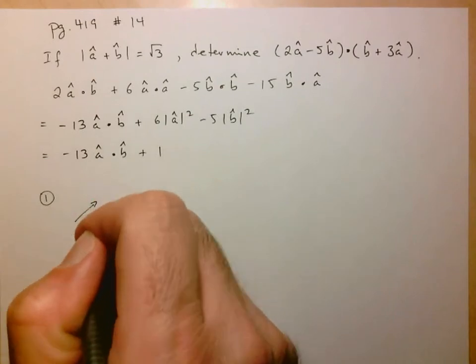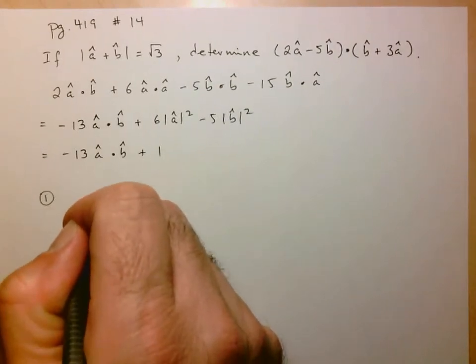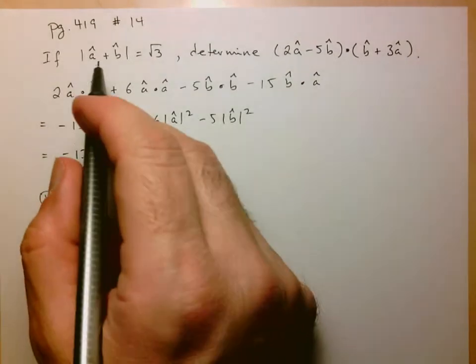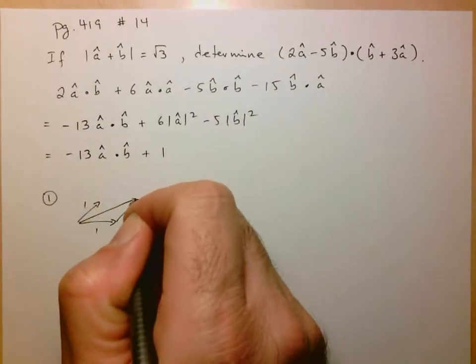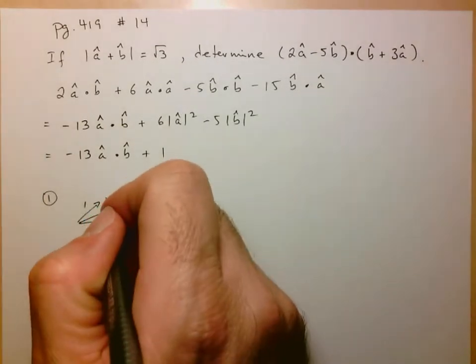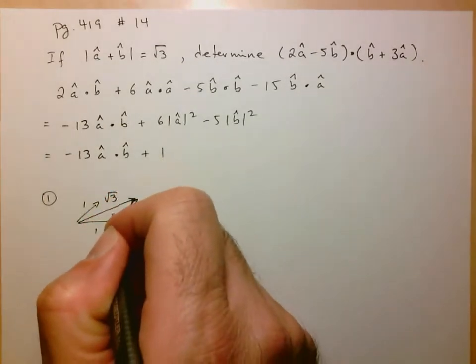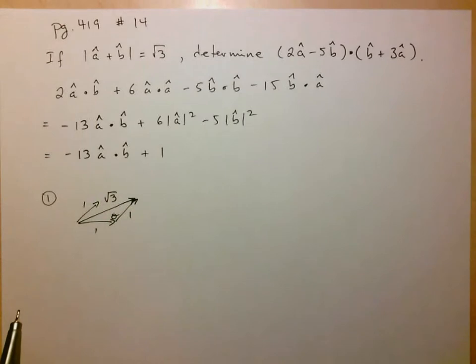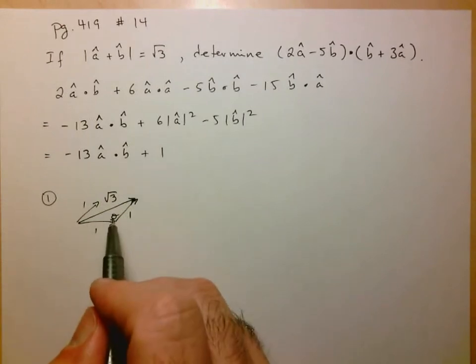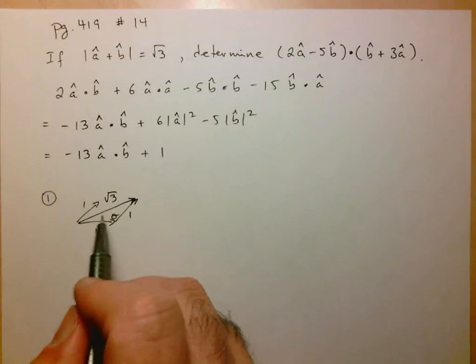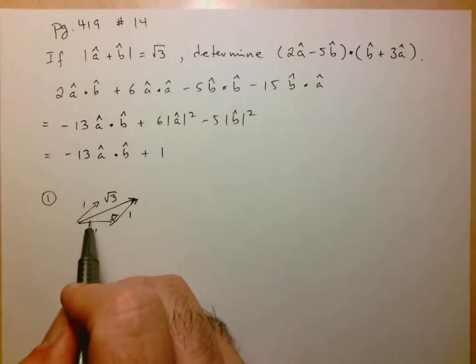So here if this is a and b, both have magnitude of 1, and you're adding a plus b, that's what the sum would look like. So here this is root 3, and you can find this angle in that triangle. Of course, this does not represent the angle between the vectors, but its supplementary angle will.